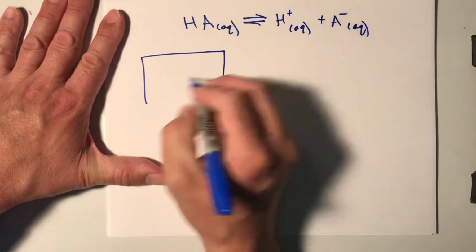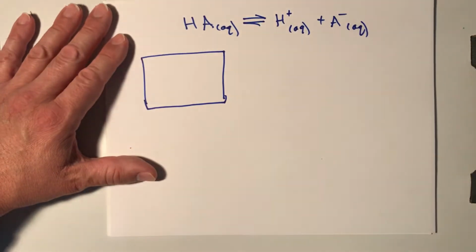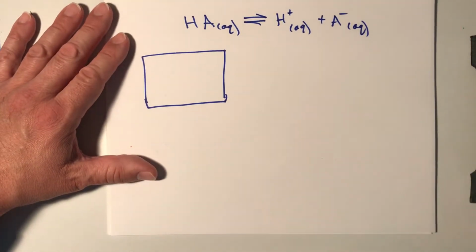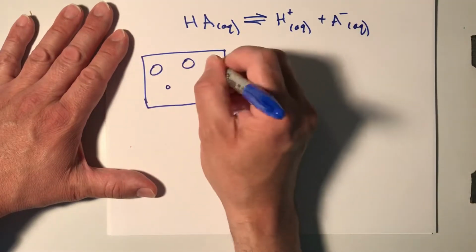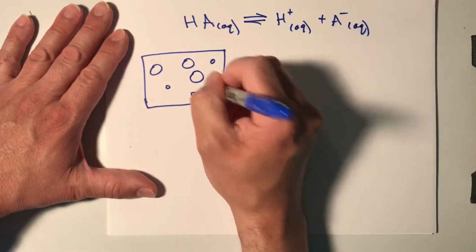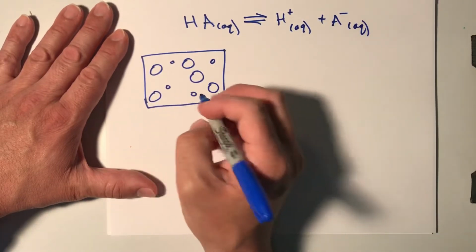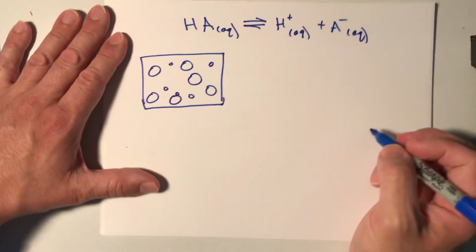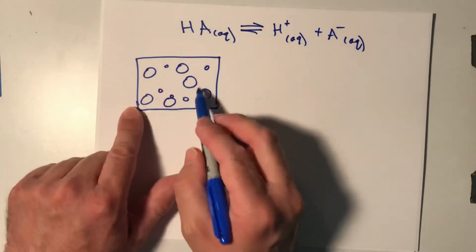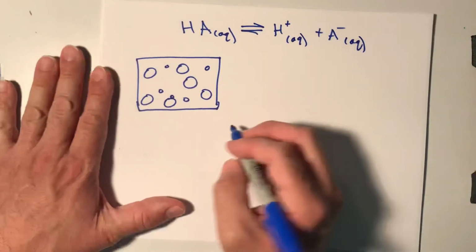One possibility is that at equilibrium, the acid is mostly dissociated. Maybe one out of every 5 or 6 is still together as the associated HA, but mostly we have H plus ions and A minus ions free floating in solution.